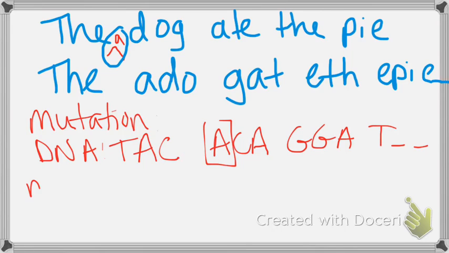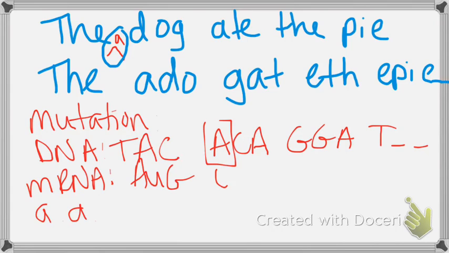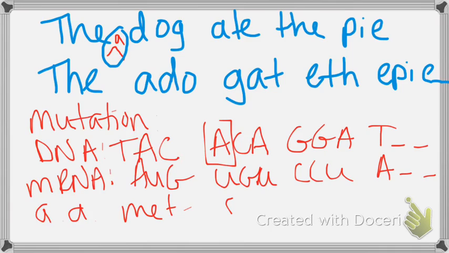Okay, the resulting mRNA, I want you to take a moment and look up the mRNA and the amino acid sequence. When you figure this out, you should get AUG, UGU, I'm sorry, CCU, A something something. Okay, our amino acid sequence should be methionine, cysteine, and proline, followed by something we don't know.